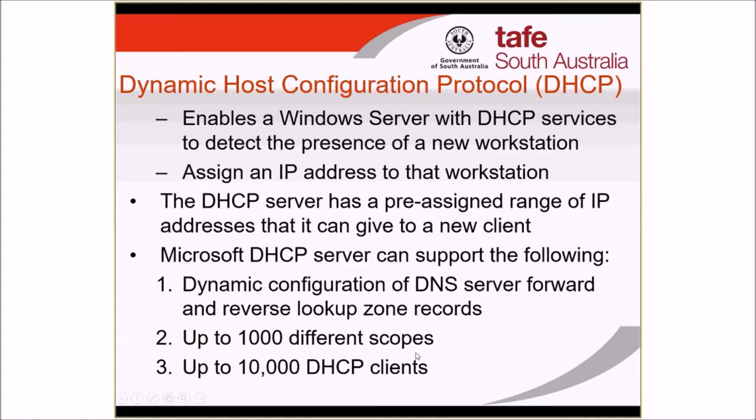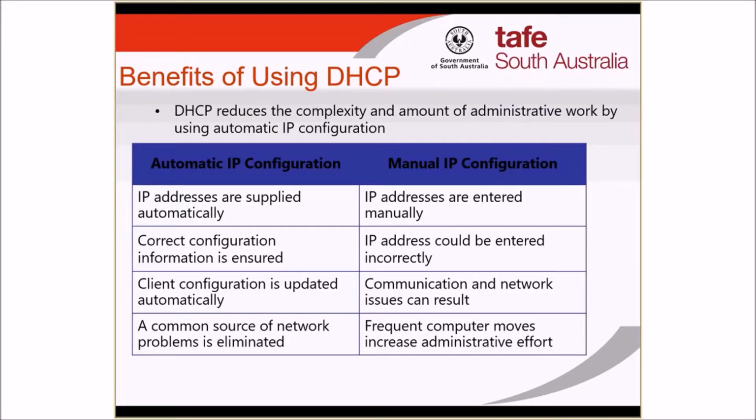So a scope is a configuration. Basically, we can have up to 1,000 different configurations, which means we can have 1,000 different networks that it gives IP addresses to potentially. It can have up to 10,000 DHCP clients. Obviously these are all upper limits, and to be honest, DHCP is not a super high-resourced service. It's not that impressive.